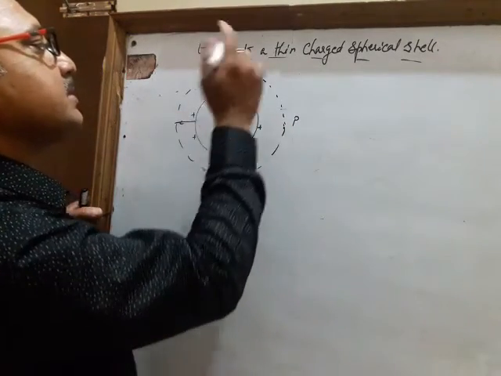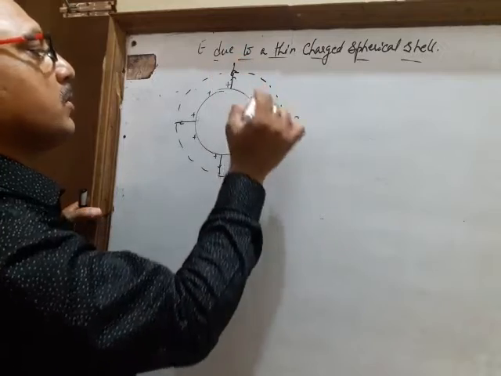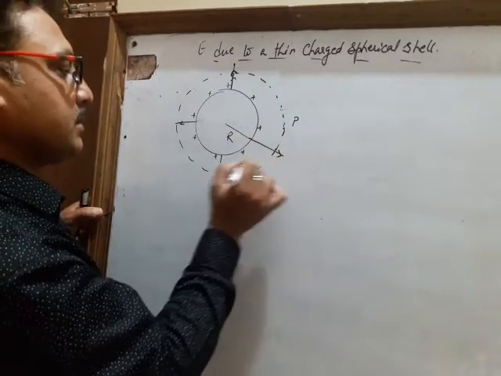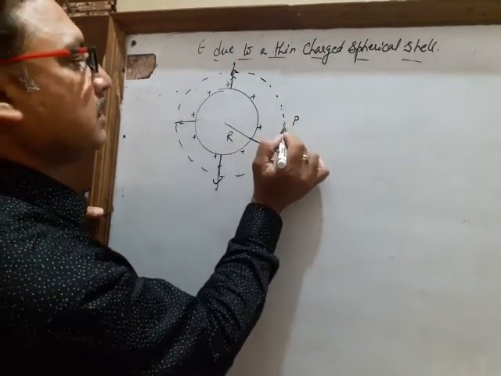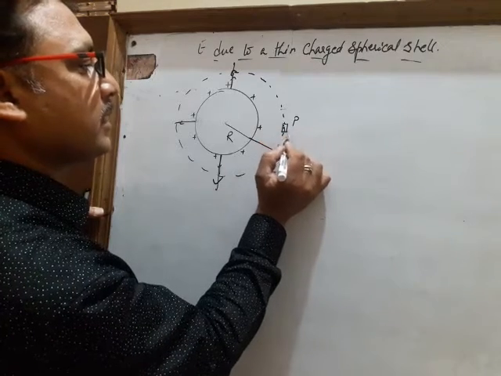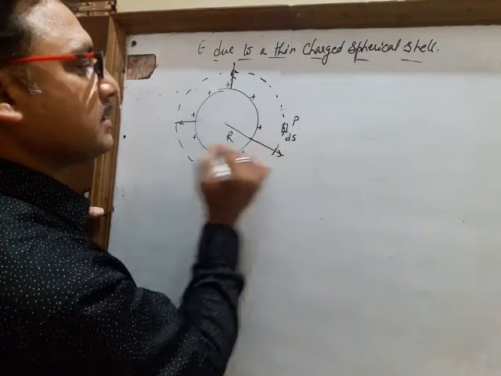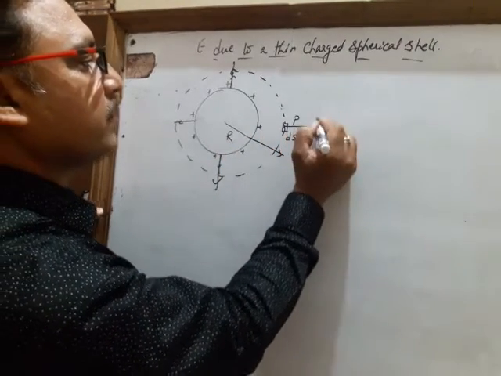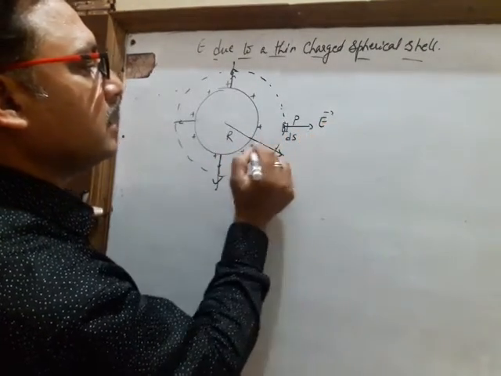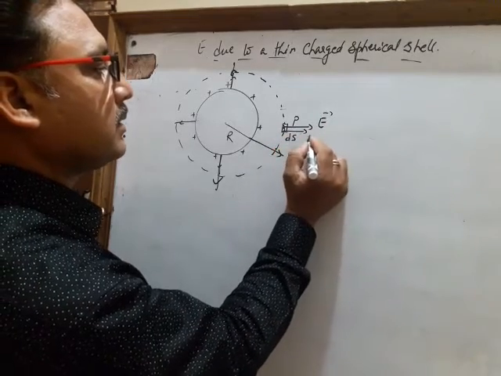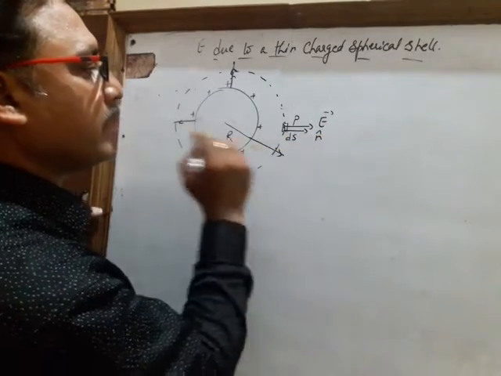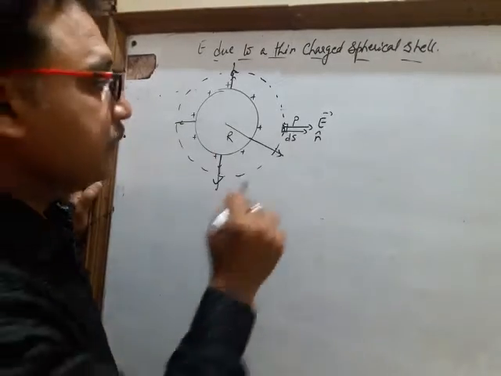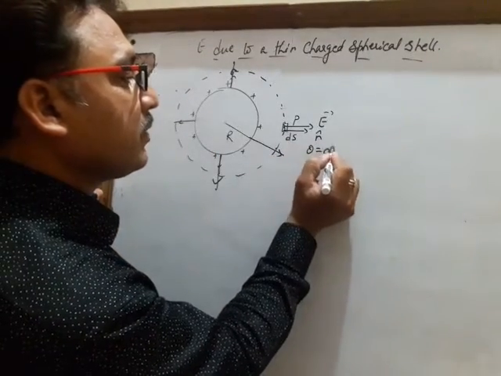The flux passes through this Gaussian surface like this, and at the point P you take a small area ds in which you can draw the direction of field intensity as vector E and the unit vector n cap drawn normal to the area. What is the angle? Theta equal to 0 degree.